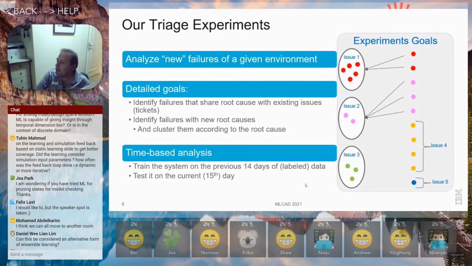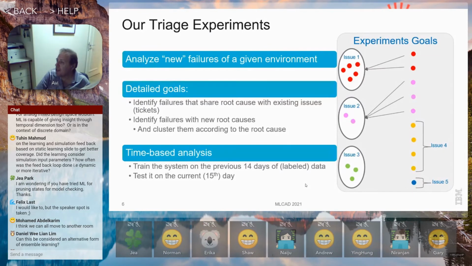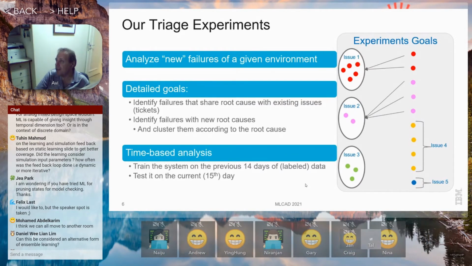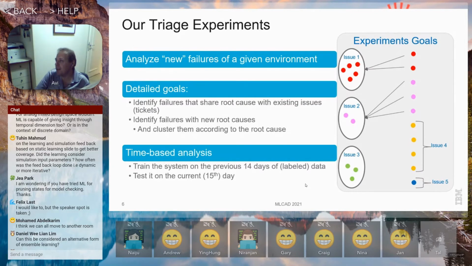The analysis we did is time-based analysis. So we trained the system on data of 14 days, and then we tested it on the next day, the 15th day, and that's why I said the new failures.